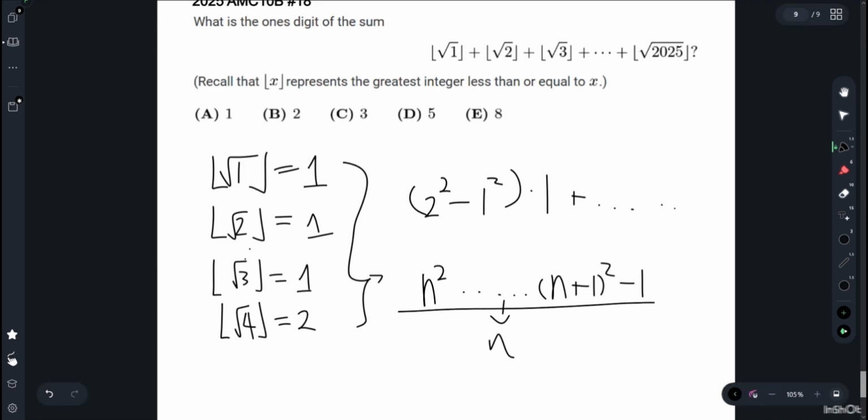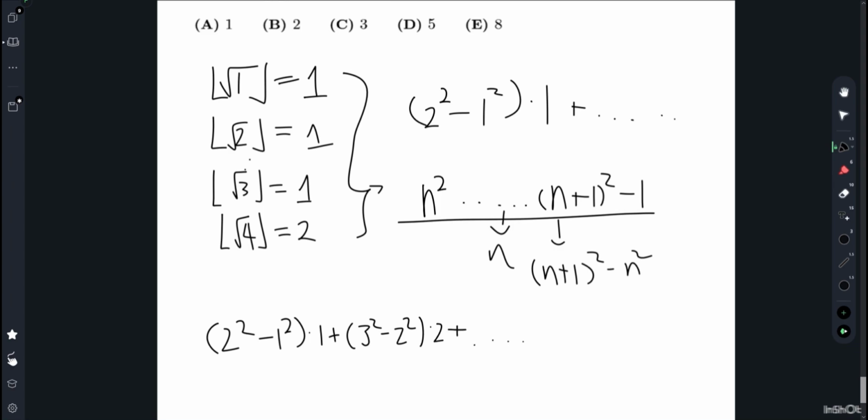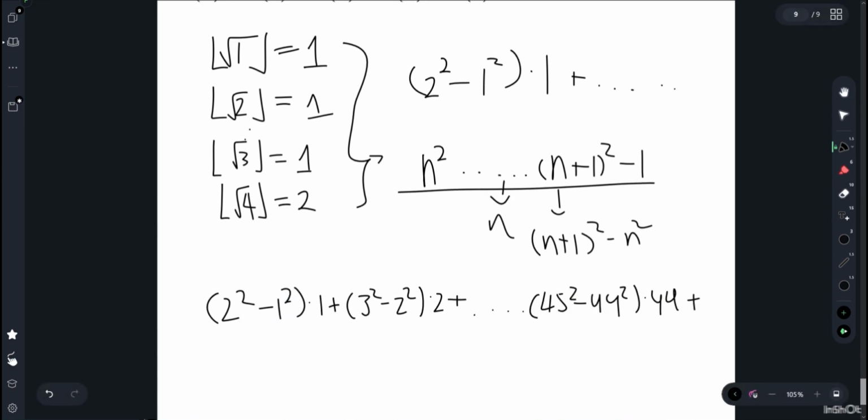The number of integers in this range is just (n plus 1) squared minus n squared. So this is why we come up with this formula: (2 squared minus 1 squared) times 1 plus (3 squared minus 2 squared) times 2 plus all the way to (45 squared minus 44 squared) times 44. And there's 1 extra term, 2025, which is 45 squared.